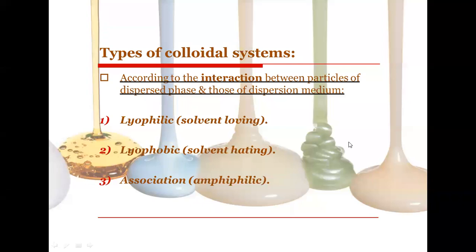Before entering this slide, the types of colloidal system, we have to know some important things: the pharmaceutical applications of colloids are as follows. Like therapy, some colloidal dispersions show better therapeutic action and are used in treatment. A few examples are silver, copper salts, and mercury salts.